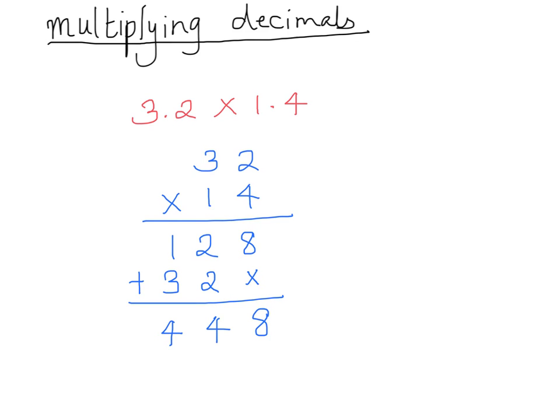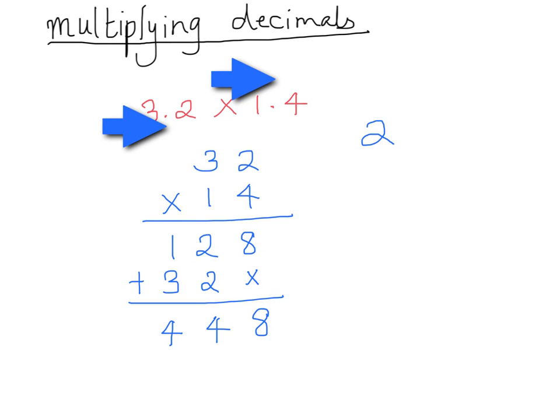Now you look at the decimal point here and here. So in here, after the decimal point, you've got one digit, and in this number, you've got one digit after the decimal point again. So you have a total of two places after the decimal point.